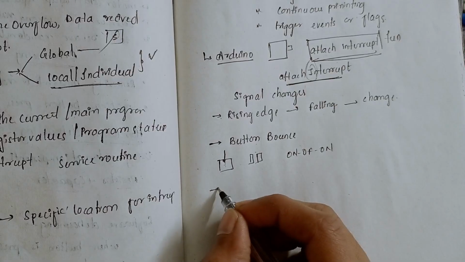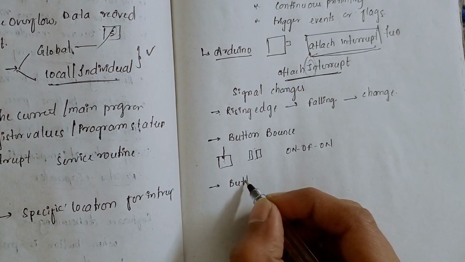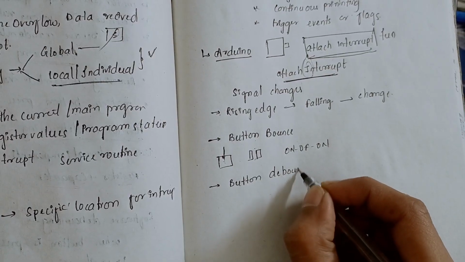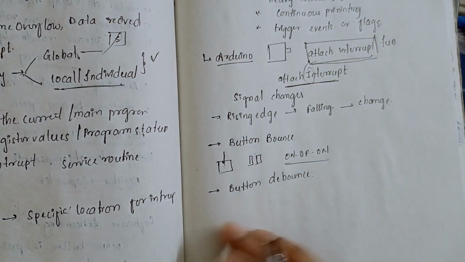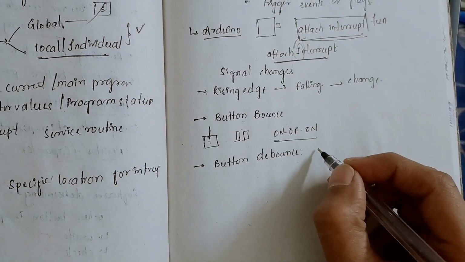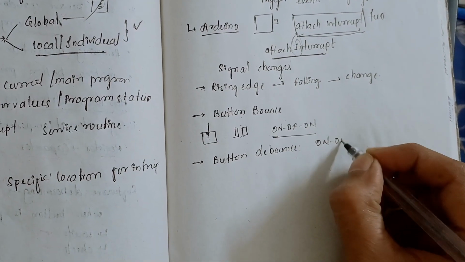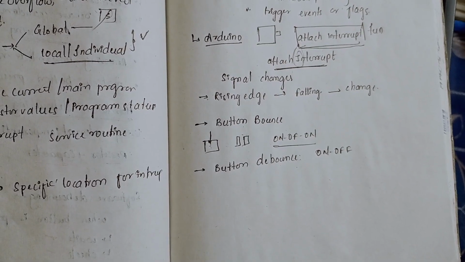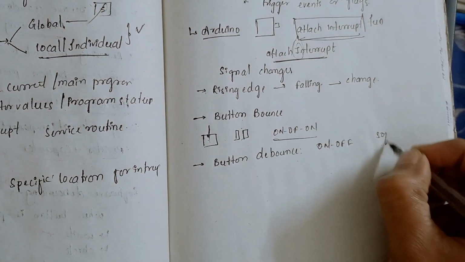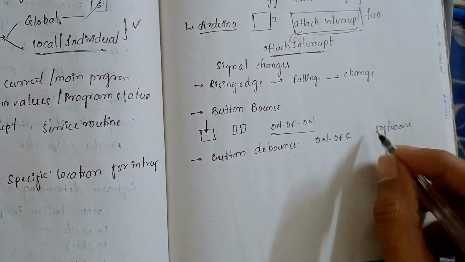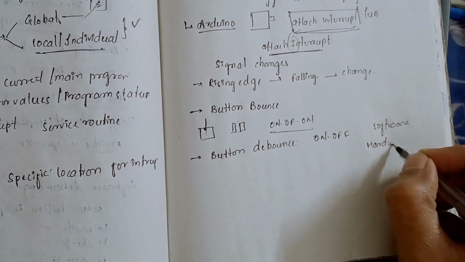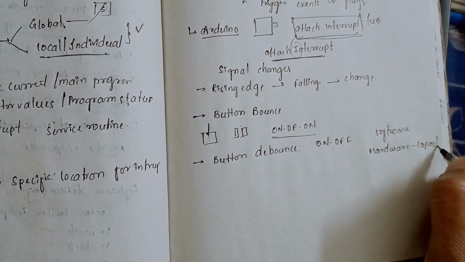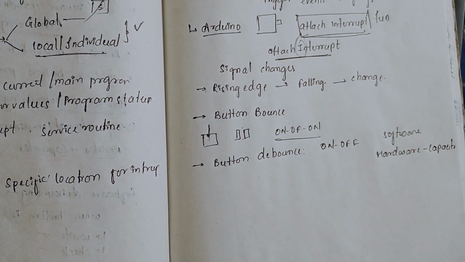To overcome this, we use the button debounce concept. It detects these multiple signals and combines them into a single function, either the on or off state. This can be implemented using software. In the case of hardware, we use capacitors to overcome the problem.